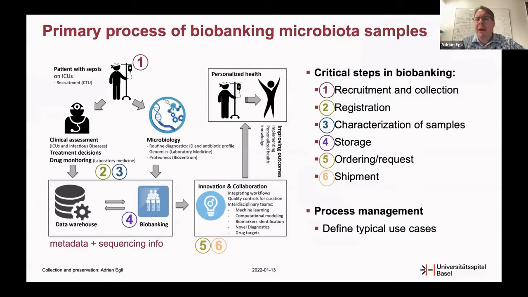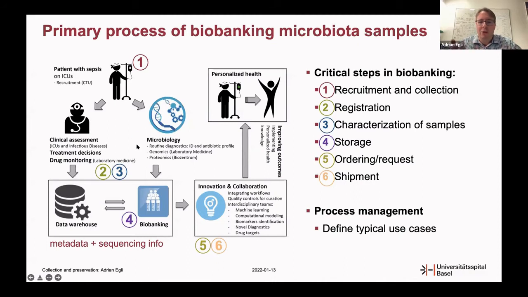When you set up a biobank, it is very important to lay out the primary process of sample processing. It all starts with the sample recruitment. This can be a patient, but it could also be an environment or an animal. Then you generate some data from that sample. It could be a clinical assessment where you describe the phenotype of the patient.